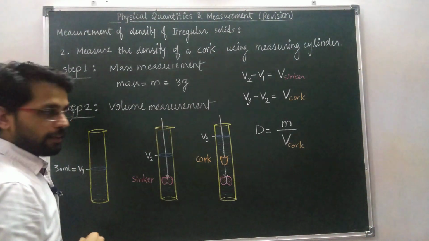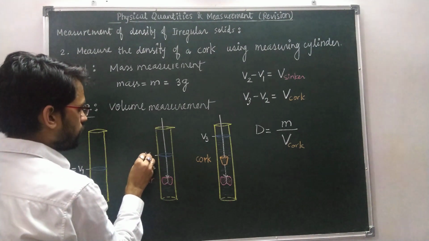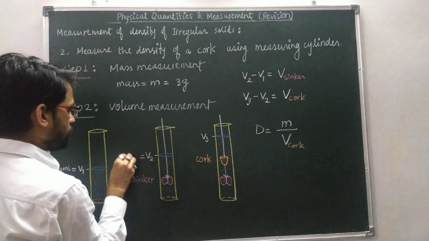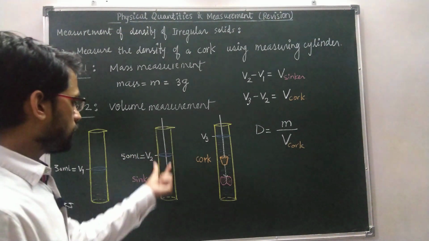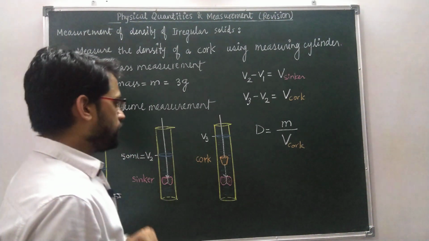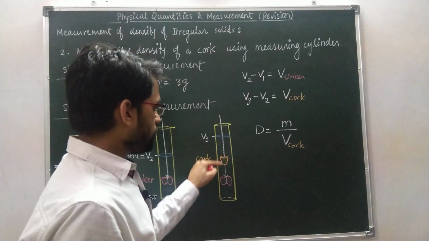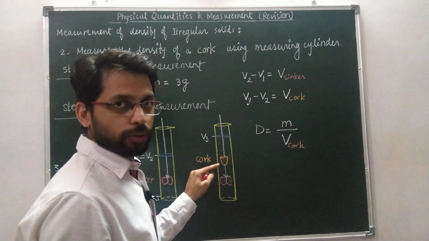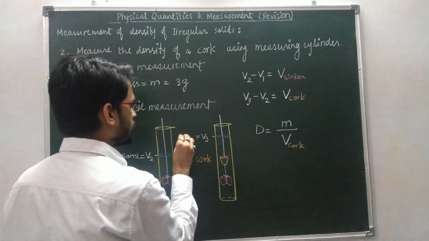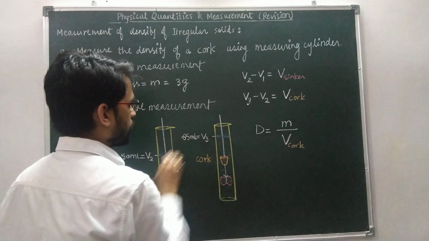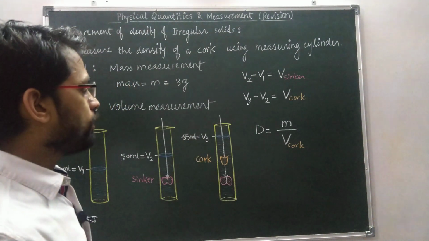When the sinker is immersed in the liquid, the volume is 50 ml. Now when we immerse cork and sinker together, then the volume becomes 65 ml.